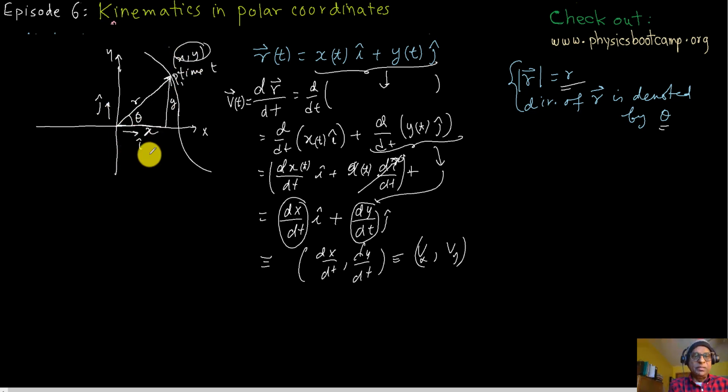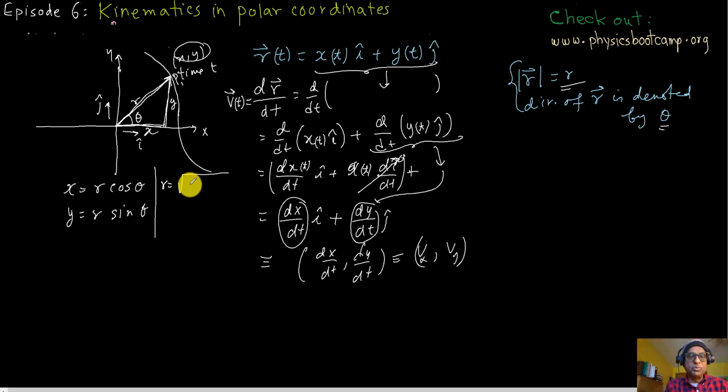So you can already see that x equals r cosine theta from this triangle, and y equals r sine theta. Or if you want to go the other way around, r will be the square root of x squared plus y squared. This is always positive, so r, unlike x and y, can always be positive.